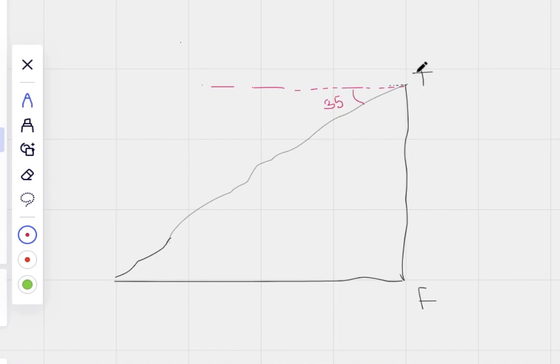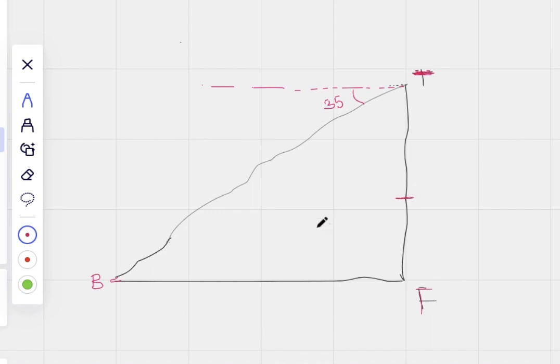This is the top of the cliff, capital letter T. And this is the bottom of the cliff, the foot. And the boat is somewhere away here at B. There is a flag marker here.